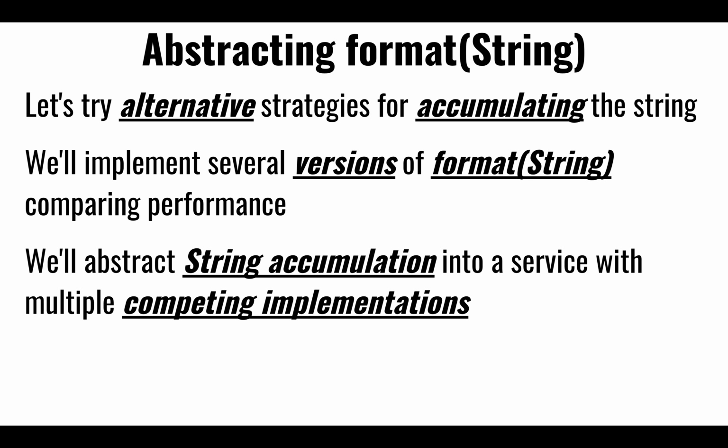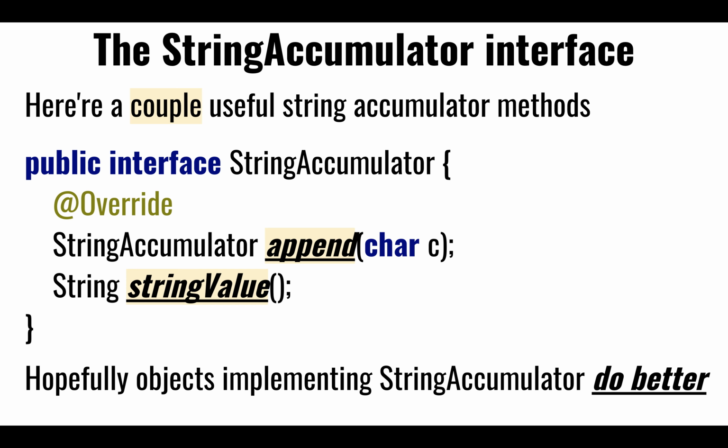Then we'll compare the benchmarks against them as we make different design decisions. So we'll have different versions of concatenating, and we'll look at different competing implementations and see how they perform as we iterate over this particular problem.